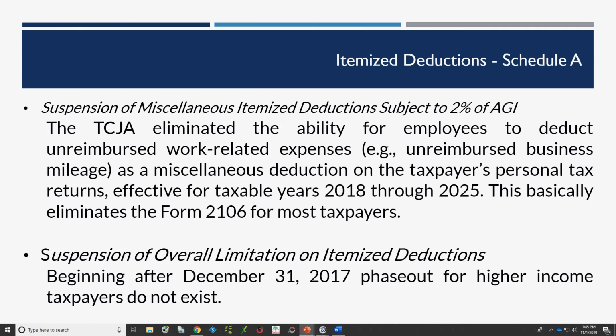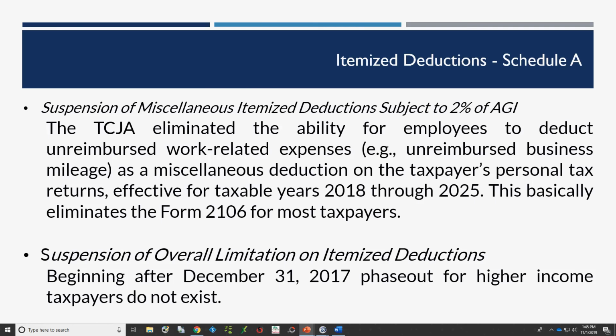This one, I got a lot of calls. Our team got a lot of calls, so I want to highlight this particular piece. Suspension of the miscellaneous itemized deductions subject to 2% of the AGI. The Tax Cuts and Jobs Act eliminated the ability for employees to deduct non-reimbursed or unreimbursed work-related expenses.